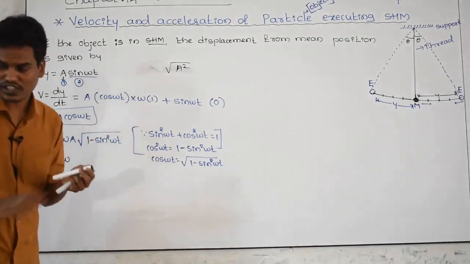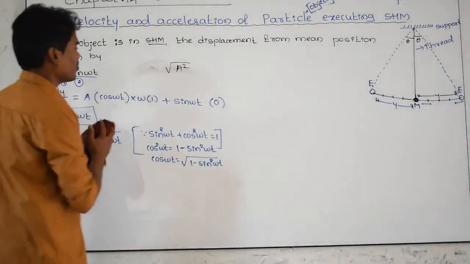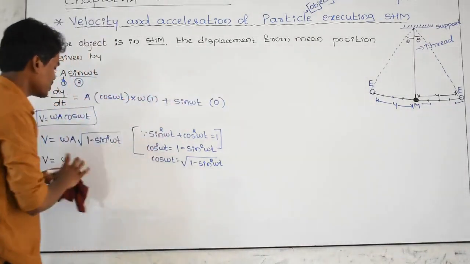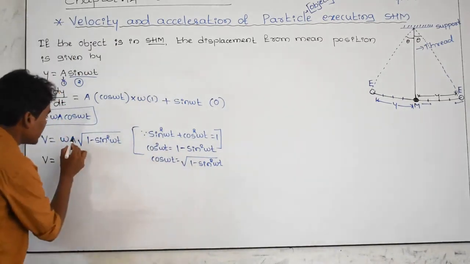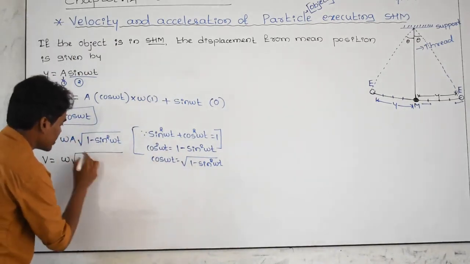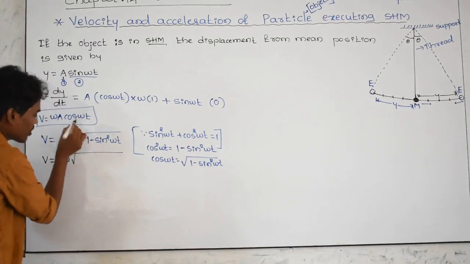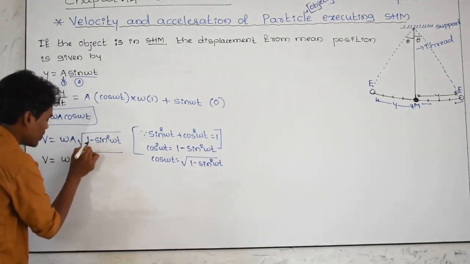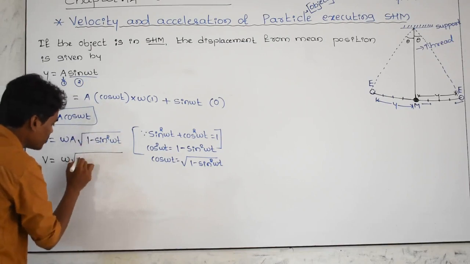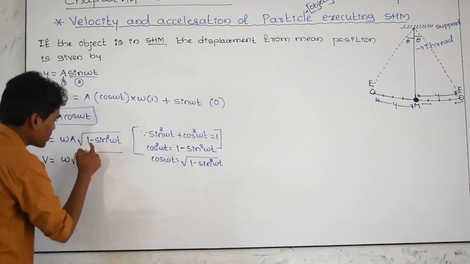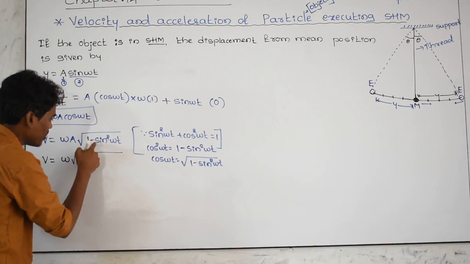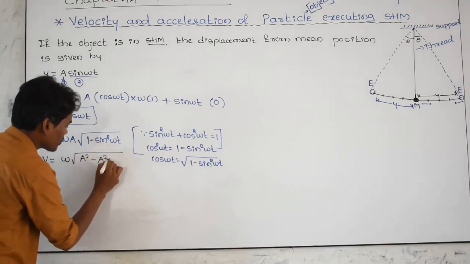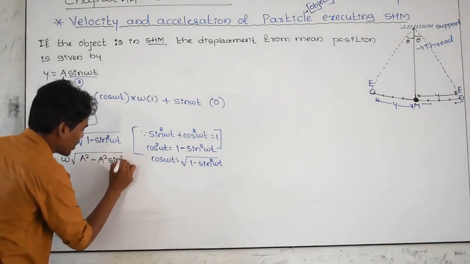This is general calculation you know very well, mathematics. If a square comes outside it becomes a, and if a goes inside it becomes a square. So a into 1 becomes a square, minus a square sin square omega t.